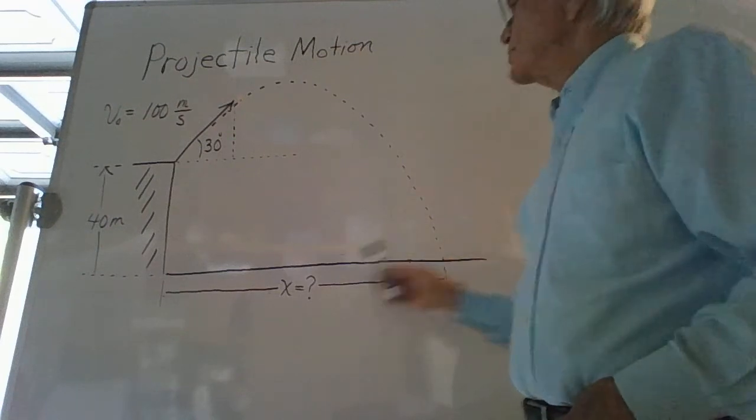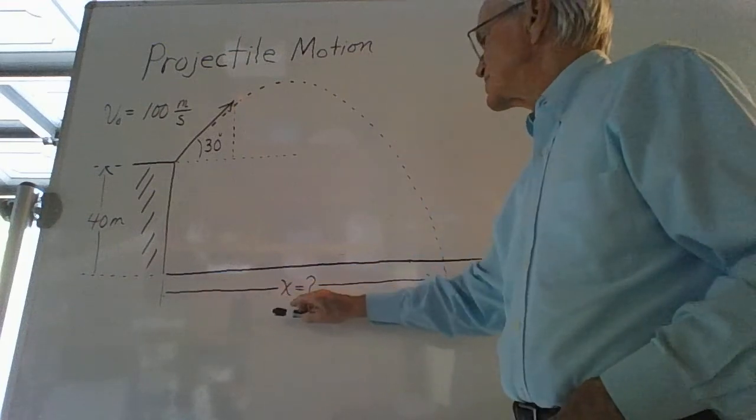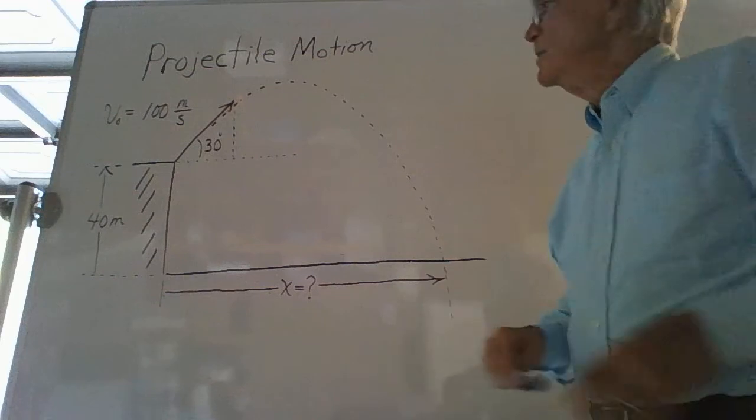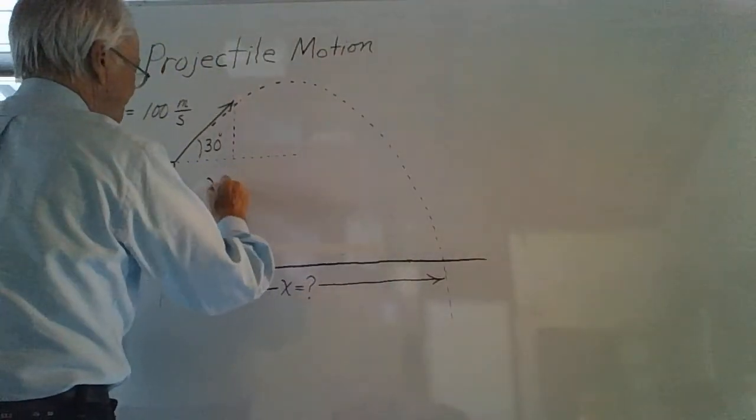What we wish to know is how far from the edge of the cliff, call that distance x, does the projectile land? Well, we begin with this equation.